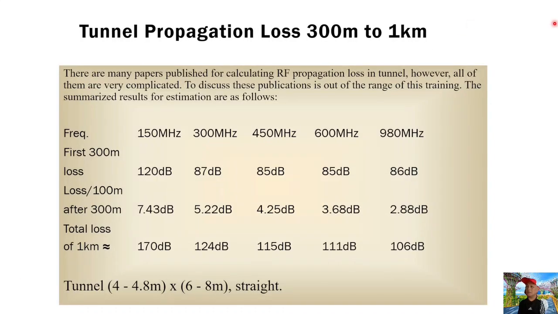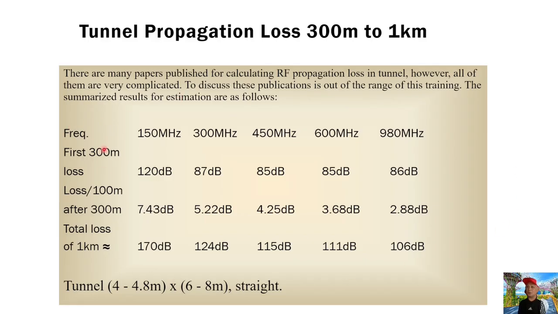So here are some of the calculation results. I searched a lot of papers and resources going back 15 years to get this table here. Of course, I lost all these links, but the summarization is still here.